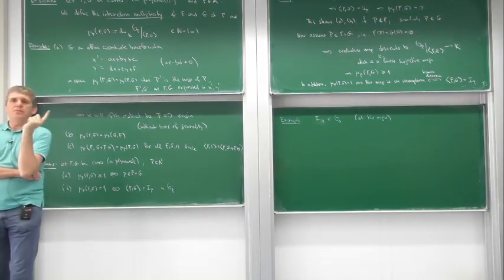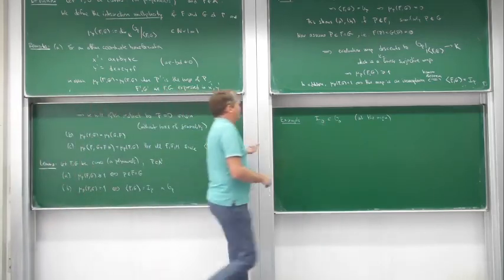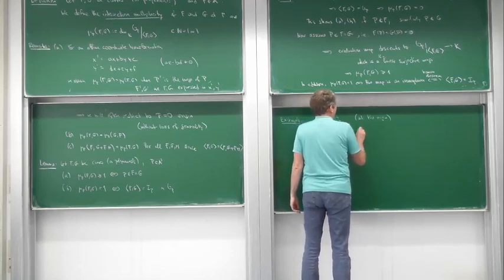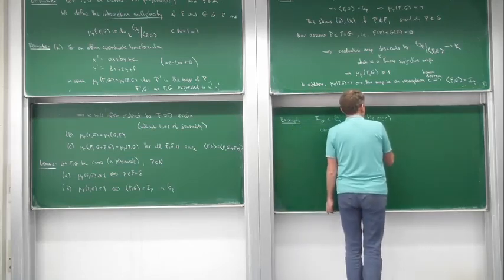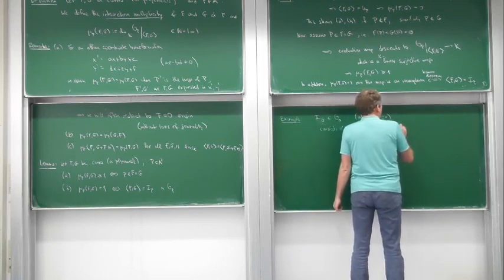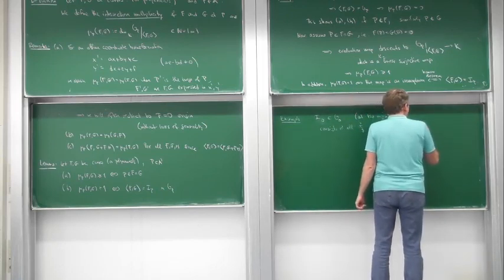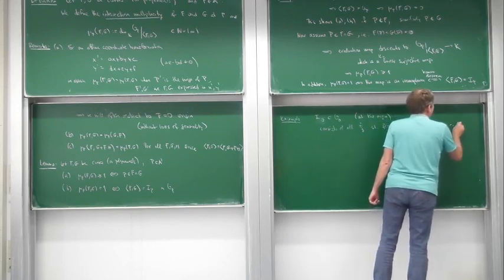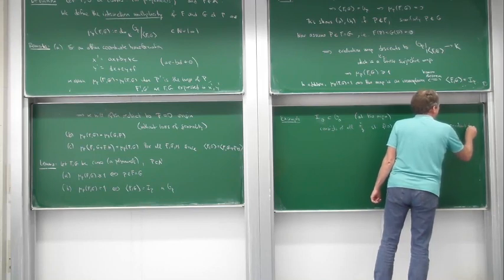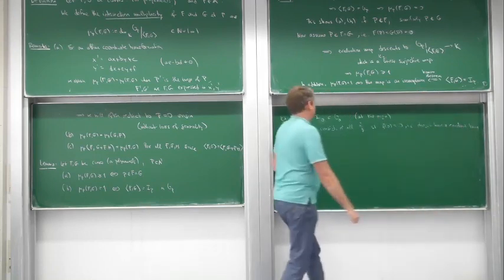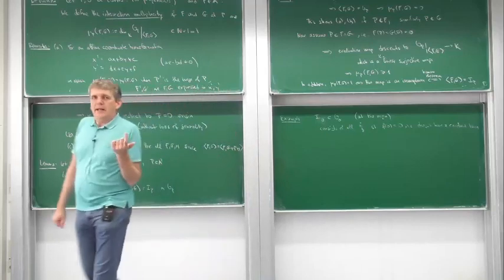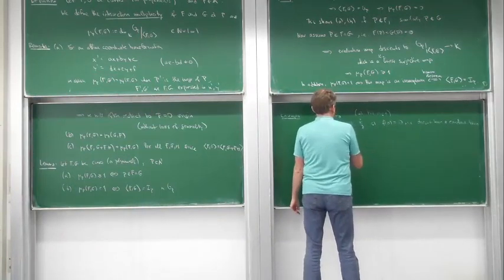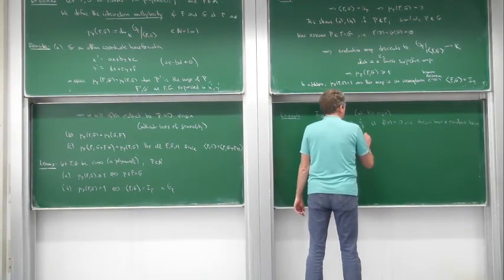And that F is 0 at the point means it doesn't have a constant term. So this consists of all F over G such that F of 0 is 0, i.e. it doesn't have a constant term. And the polynomials that don't have constant terms are generated by x and y, because any term must have an x or a y. And so that means this I0 is the same as (x, y).